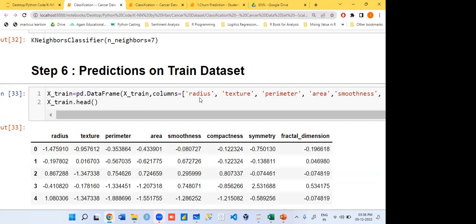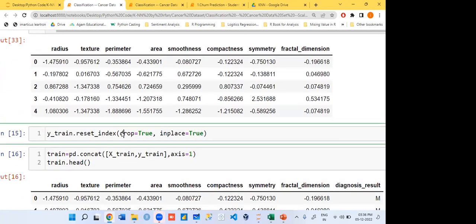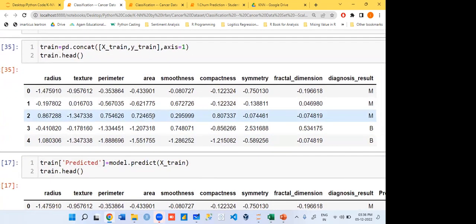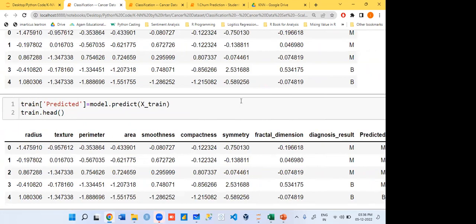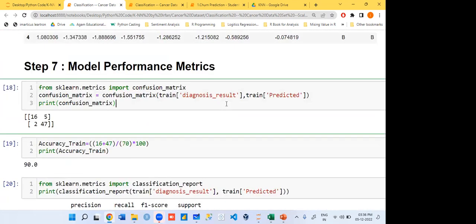This is my converted data. Just convert into matrix in data frame. I just combine my X test and Y. Model predict on transformed data, scaled data. We got prediction. Then I say I want to make confusion matrix.